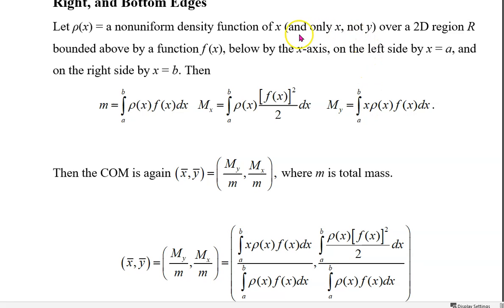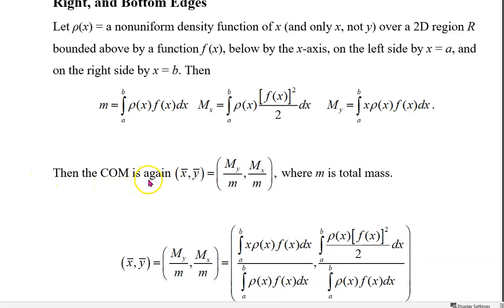In this class, we will only examine density functions that are functions of x and not y. In Calculus 3, you'll take a look at density functions that depend on both x and y, but those require double integrals to compute.